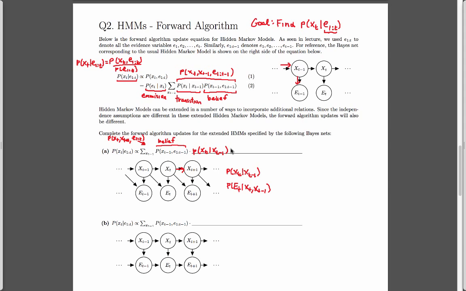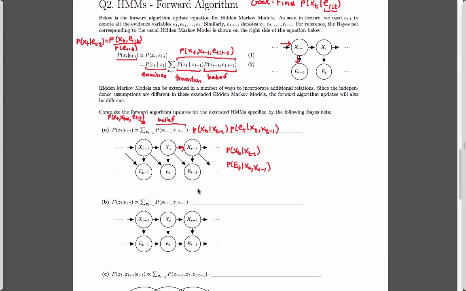The way we can do that is simply by multiplying by the probability of e_t given x_t and x_{t-1}. Note that I was careful to make sure that all of these indexes were correctly lined up, and so on and so forth for this part as well. And that is the final answer.